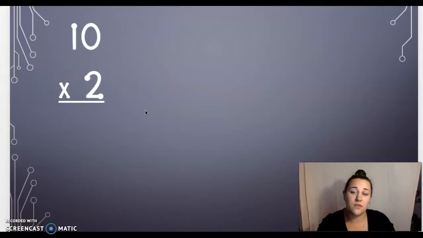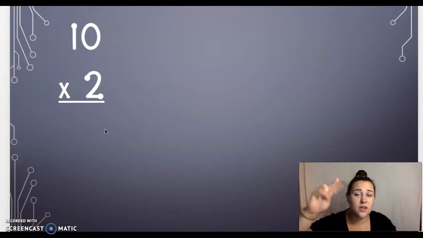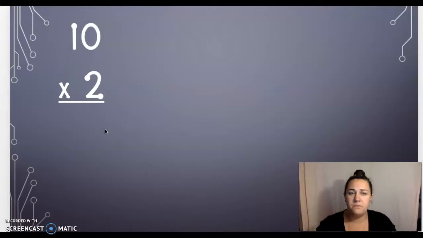So, same thing here, friends. Just to prove it to you, if we set it up like this, 2 times 10 is actually the same exact thing as 10 times 2. It does not matter. Like in addition, it doesn't matter if the bigger number is on top or the smaller number. Same thing with multiplication.